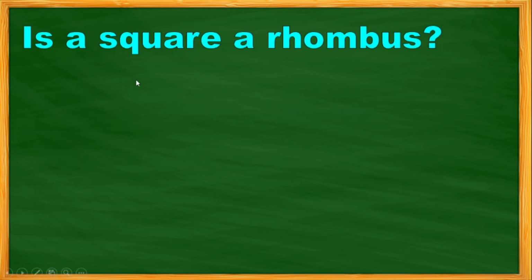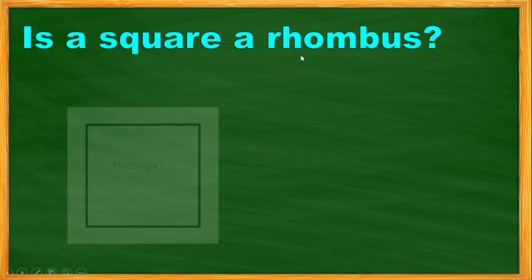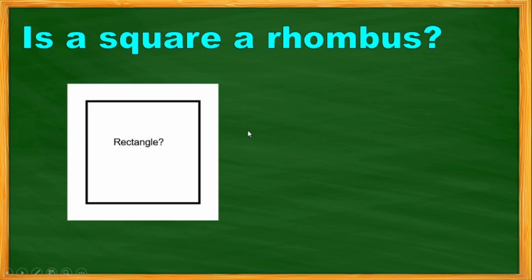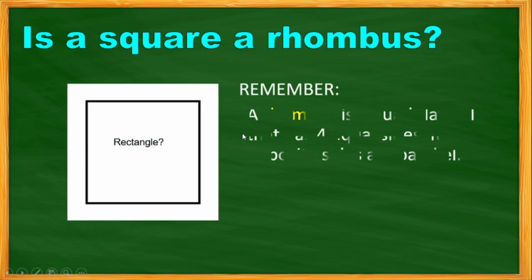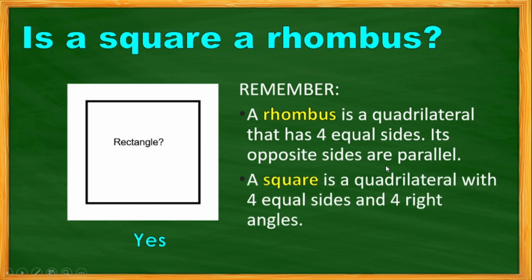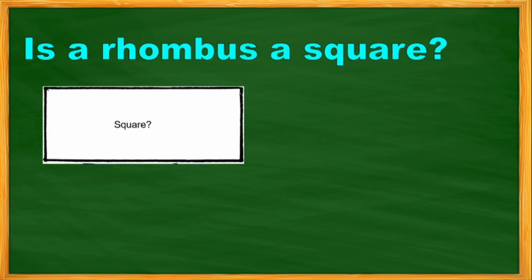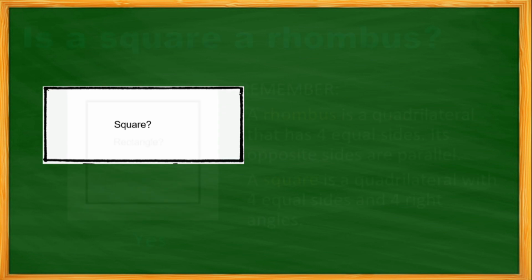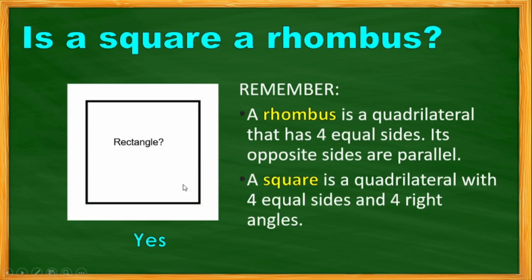Next, another question. Is a rhombus a square? Let's see. A rhombus is a quadrilateral that has 4 equal sides. Its opposite sides are parallel. This would be a rhombus.